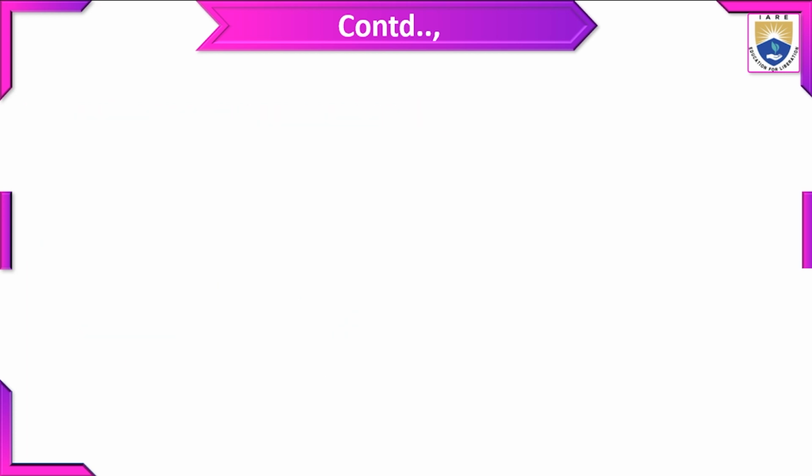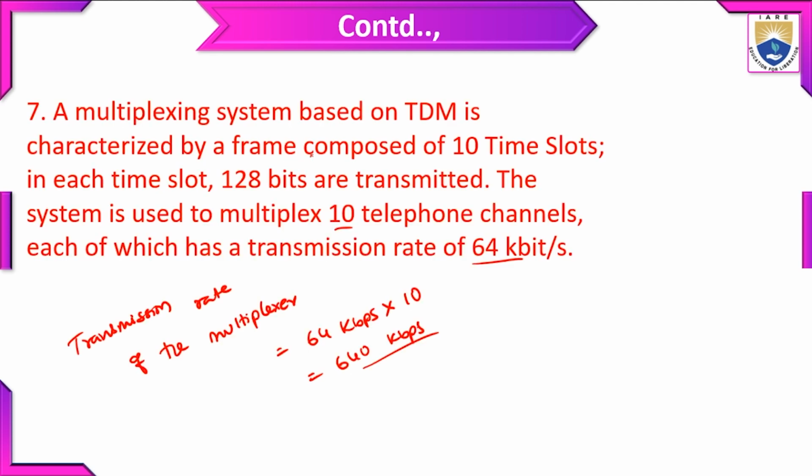And another is the frame duration. The frame duration is 128 bits divided by 64 kbps. Once again, in the frame duration, how many bits are transmitted? 128 bits are transmitted at a rate of 64 kbps.